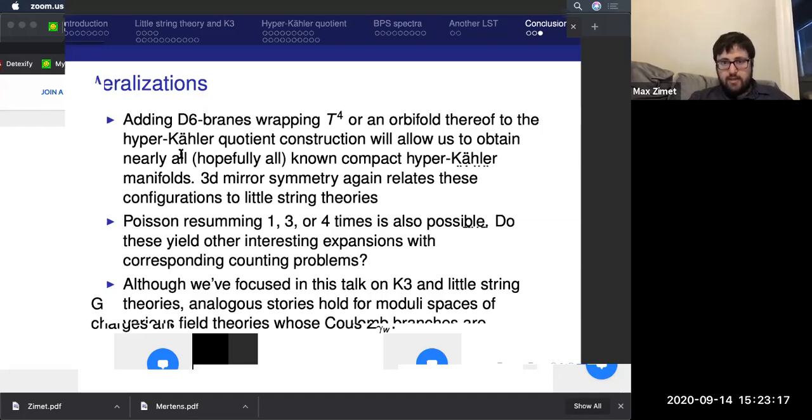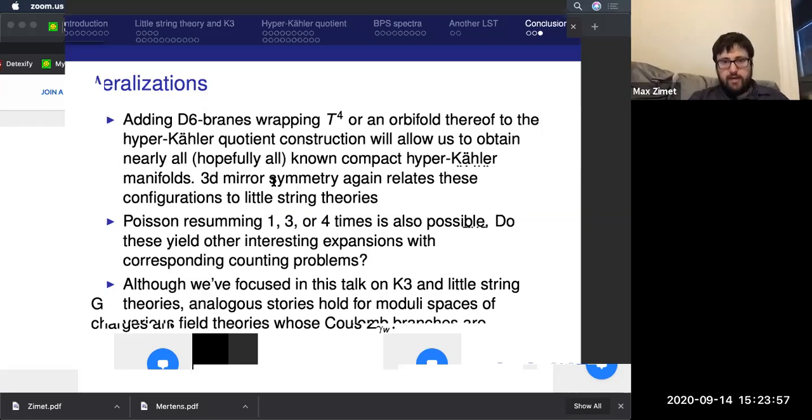The idea is if one, instead of just having a D2 brane probing a torus orbifold, also inserts D6 branes wrapping the torus orbifold, then one can get Hilbert schemes of points via that construction. If I have n D2 branes probing K3 or T4, the moduli space is just Sym^n of K3 or T4, but if I wrap a D6 brane on that, then I get the extra Fayet-Iliopoulos parameters I need to resolve that.